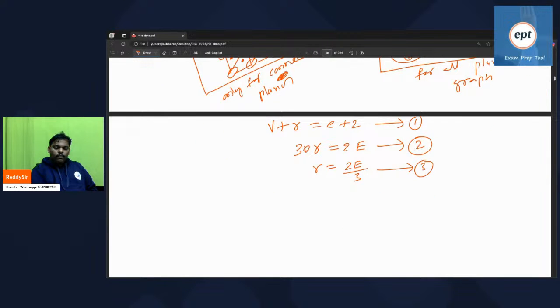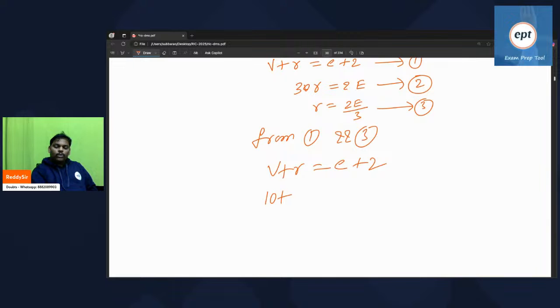From 1 and 3: V plus R is equal to E plus 2, where V is already 10. R is 2E by 3, so 10 plus 2E by 3 is equal to E plus 2.